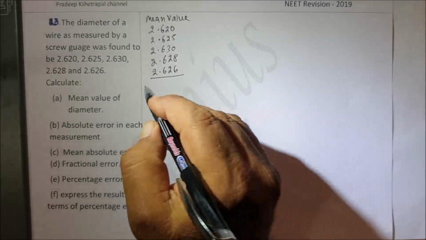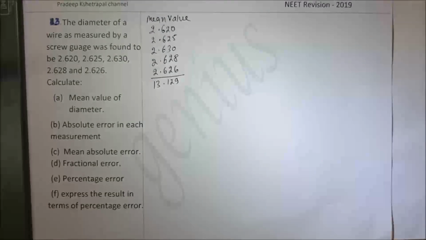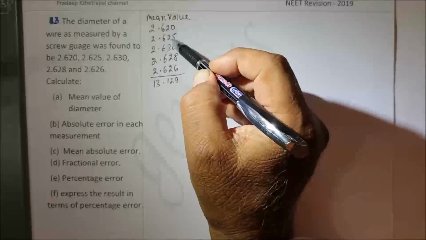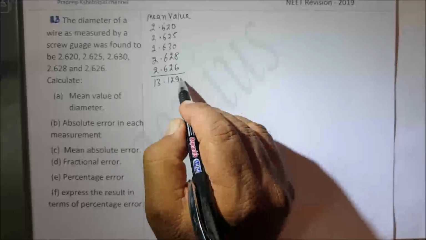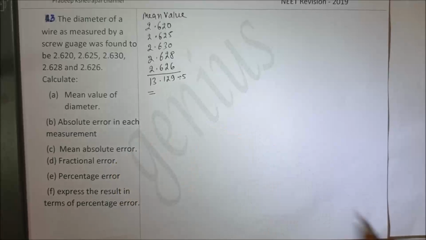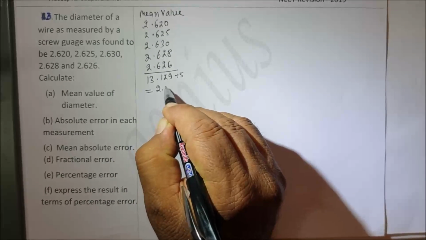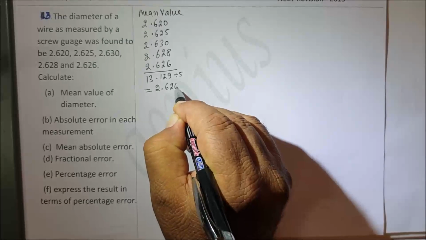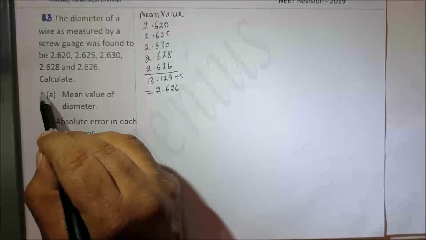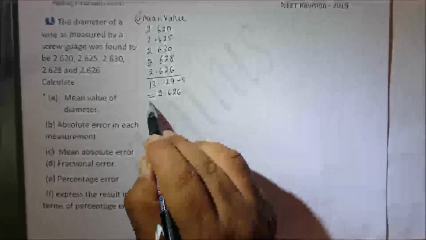That is 13.129 and divide it by 5. So it comes to be 2.626. So this is our mean value of the diameter. This is A.